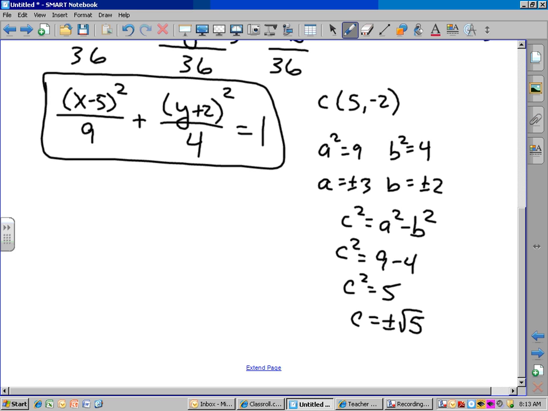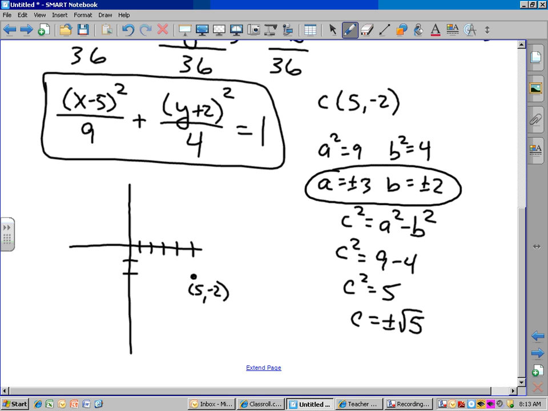All right, let's start drawing the picture. We can do that anyway. We have center of 5, negative 2. We're going to use a and b to find the vertices. a is the major axis, right? a squared is always under the major axis, so it's going to be x.